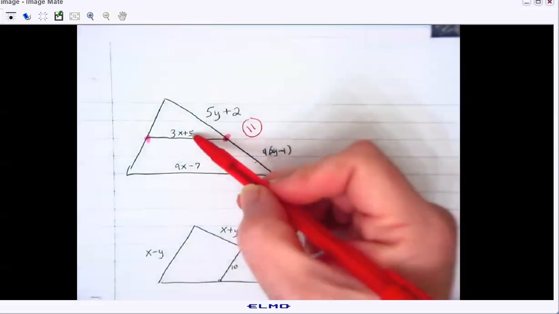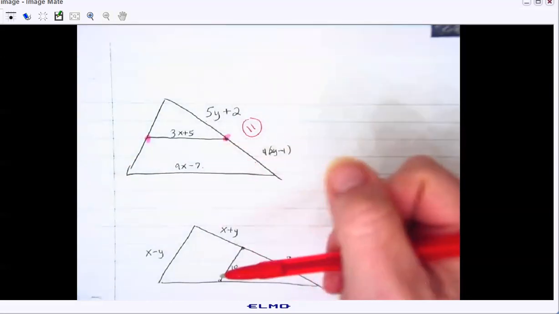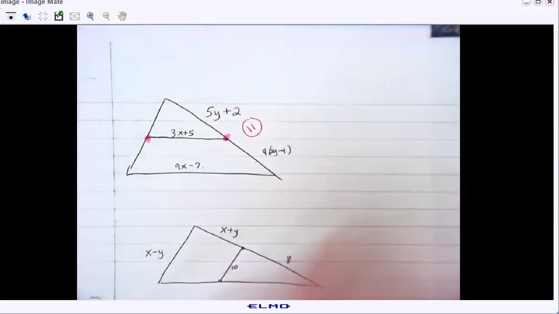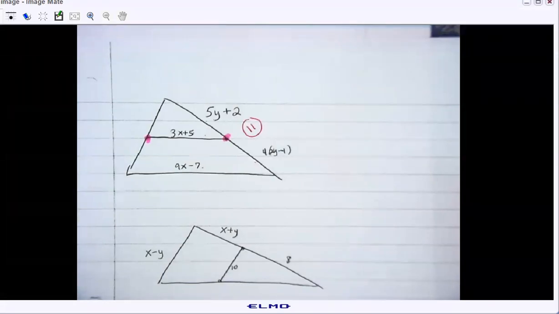And then, are these two equal? Would 3x plus 5 be equal to 9x minus 7? So it'd be a yes or no. Any ideas? We got the one in the middle.